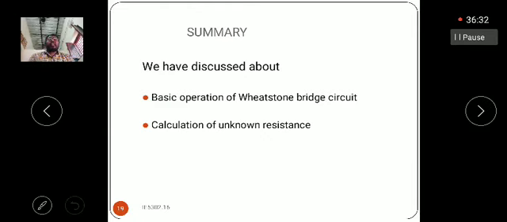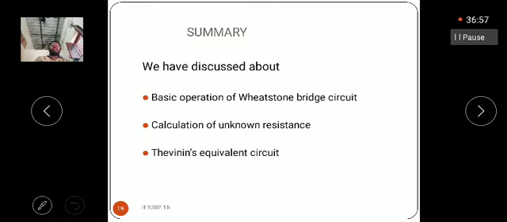Not only in this particular circuit with R3, R4, but for any resistance we don't know, we can find it with the help of this Wheatstone bridge. And we also derived the Thevenin's equivalent circuit for the bridge circuits. In the Wheatstone bridge we have four resistors in the form of a bridge.